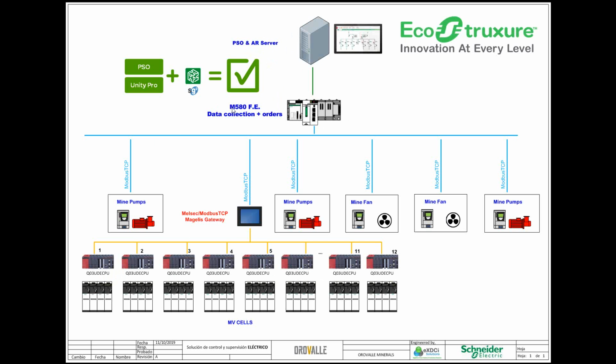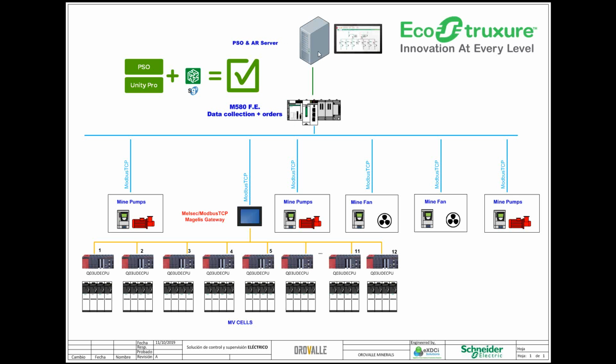In this case, it's an M580 PLC, and this device will collect all the information coming from the Modbus TCP network. And here we will have all the interlocks and all the possibilities to order the commands. These interlocks will also be shown at the SCADA.